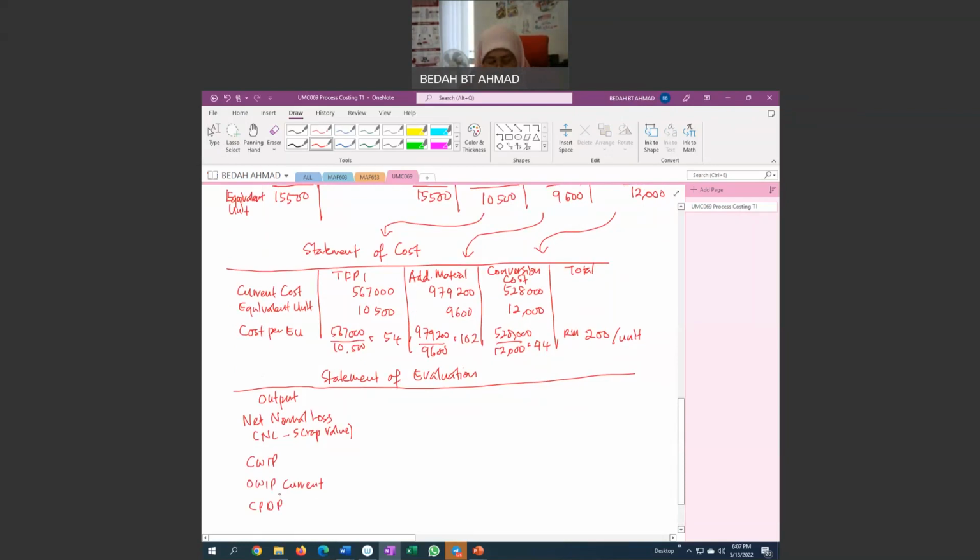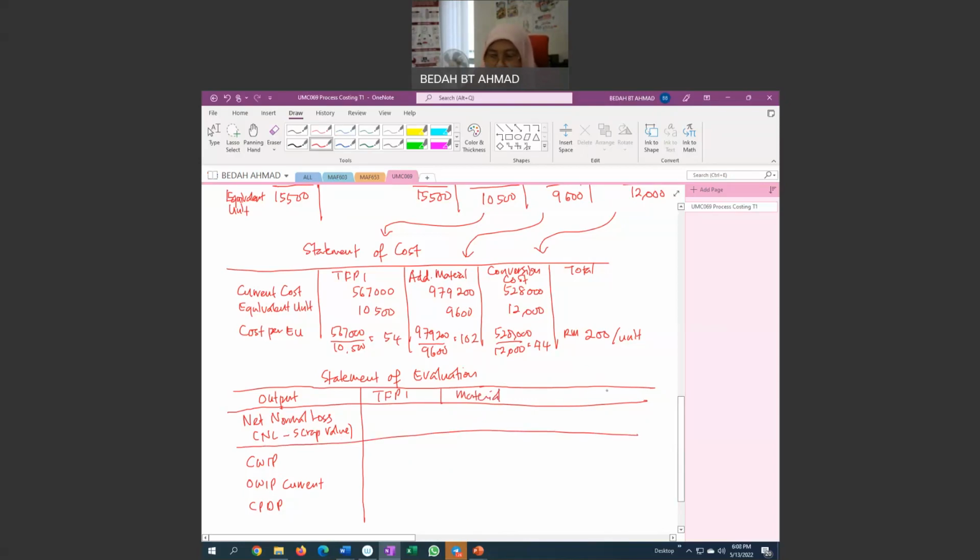So we need to calculate for each: transfer from process 1, then the material, net normal loss, conversion cost, and total.